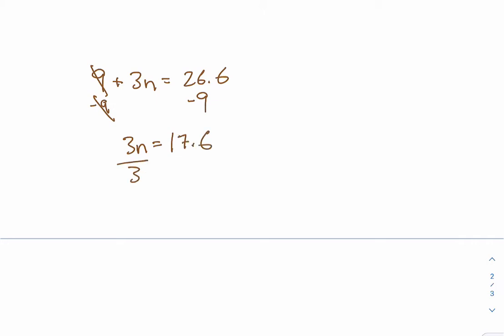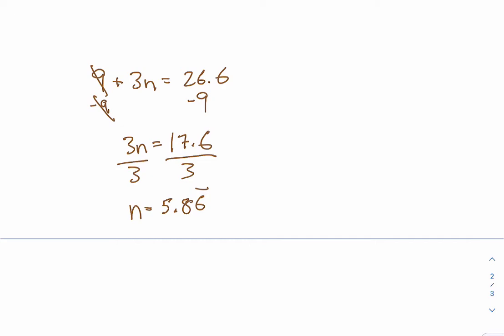Now we're going to divide that by 3, divide that by 3. n's going to be, type that on my calculator, divided by 3. 5.86 repeated. Okay, terrible example, but hey, whatever.